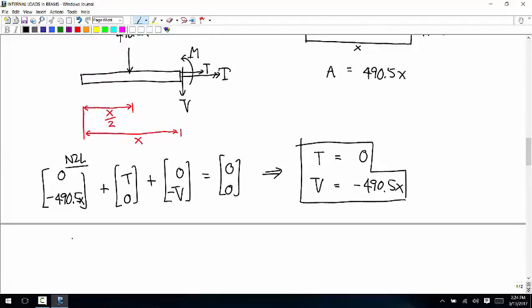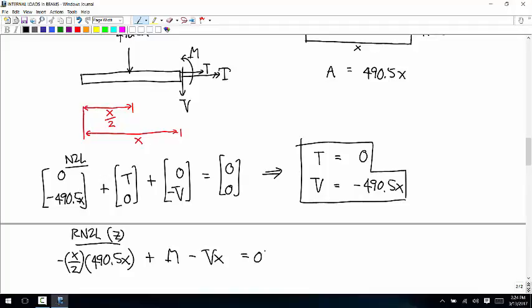And then the moment equation about the z-axis, we have negative x over 2 times 490.5x plus m minus vx is equal to 0.